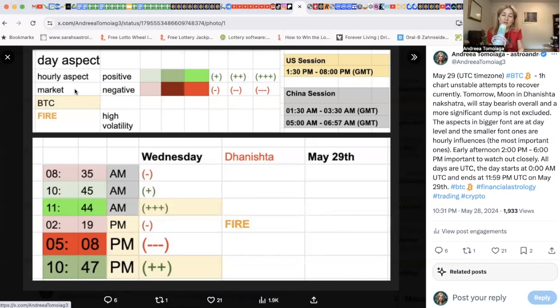And fire is also the most difficult to predict. Even if I put there a time that is given by the software, it's really something that can happen 14 hours before and 14 hours after the moment the aspect is exact.